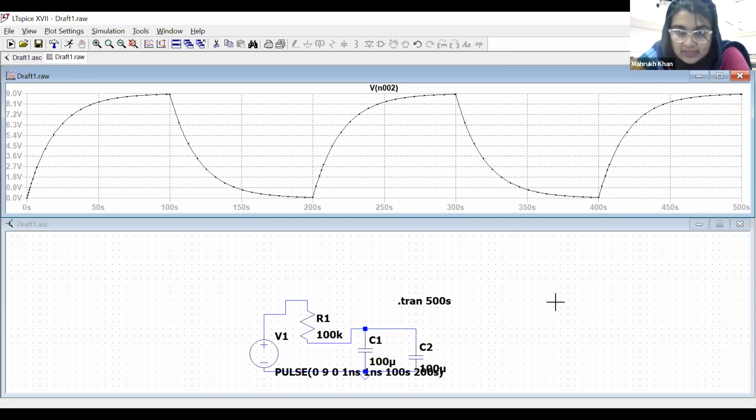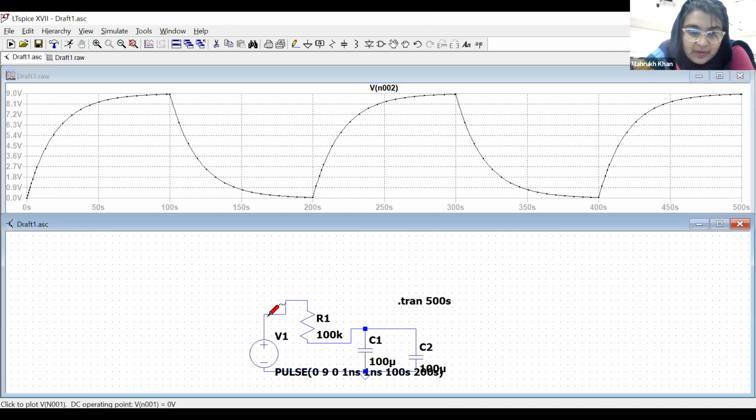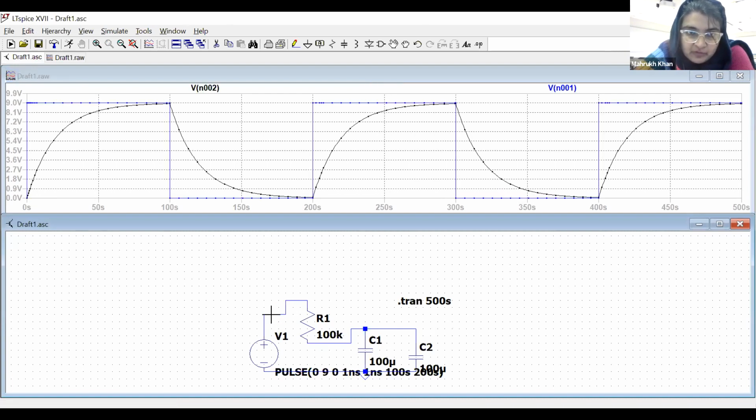Okay. So Sam and anybody else who wants to know, what we are doing here is that we said our RC is 20 seconds, right? So 20 seconds is the time when voltage across the capacitor should reach 63% of its value.